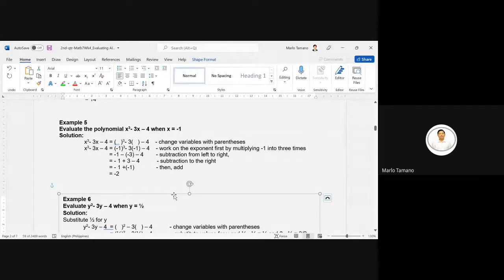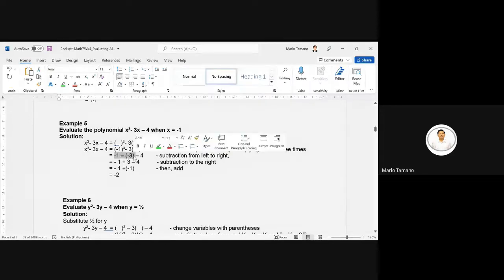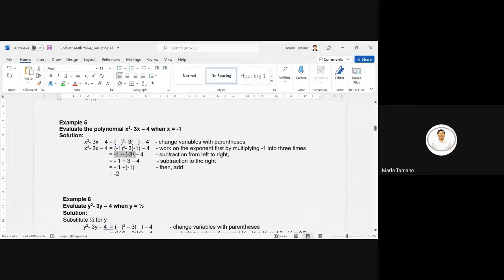Okay po? Now, pareho pong subtraction, left and right. Kahit alin dyan ang mauna nating gagawin, pwede rin dito muna sa left, kasi sabi niya left to right. Negative 1 minus negative 3. Now, what shall we do with that?